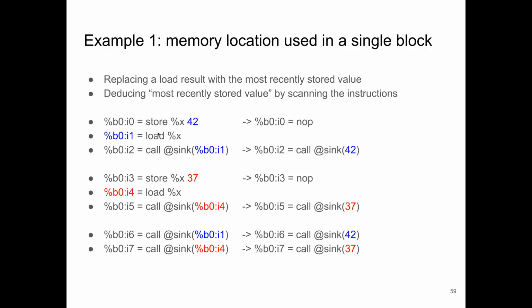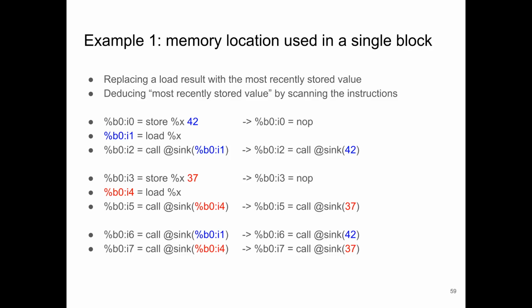And it is used to call a function that is called sync. So sync is just a function that is sending a value to another function without doing anything. So we use this function in order to see whether the optimizations are actually kicking in as we expected.